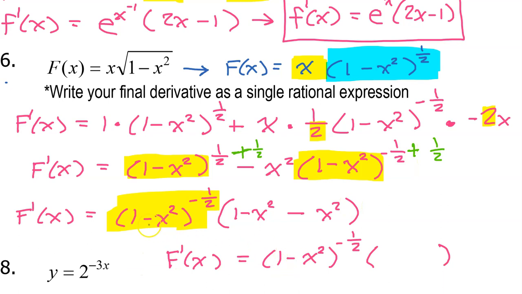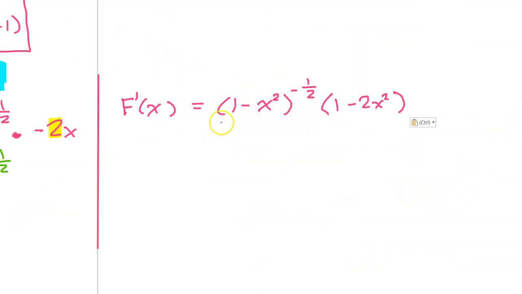On the next step, so far I just brought down this yellow part unchanged, and I see like terms here. I'm going to have the 1, but negative x squared minus x squared is minus 2x squared. I am infringing on the next problem, so I'm going to move this off to the side and make a new column. The directions said to write this as a single rational expression, which means I need to write this as a fraction.